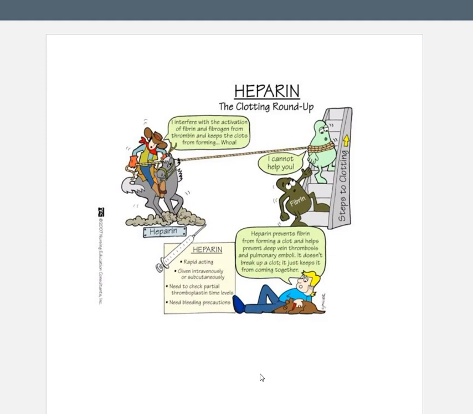heparin, and I've got the little cartoon up there for you. I talked a little bit about heparin. It's an anticoagulant. It's an indirect thrombin inhibitor used to treat DVTs, PE, and MI, unstable angina, and to prevent thrombosis in high-risk patients.